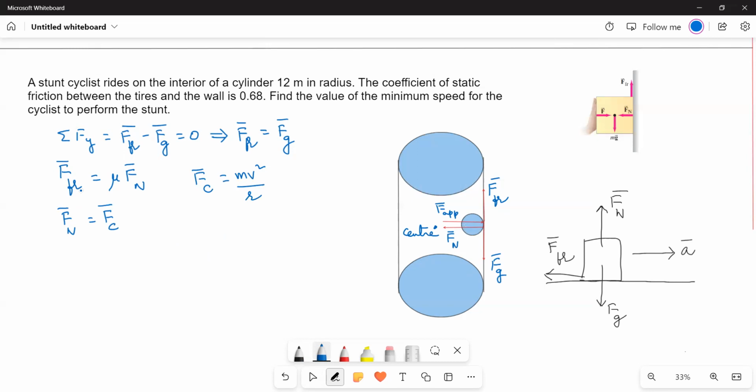Therefore, here F friction is equal to, I substitute the Fc value. Instead of Fn, I will write Fc, and Fc is equal to mv square over r. That implies F friction is equal to mu mv square over r. And F friction is equal to Fg, and Fg is equal to mg.